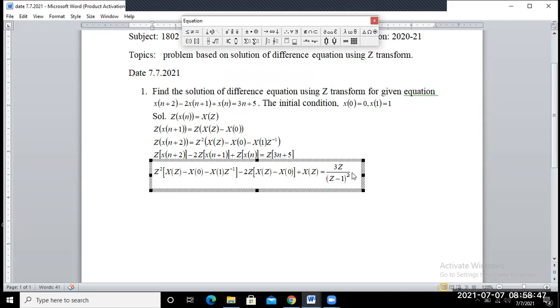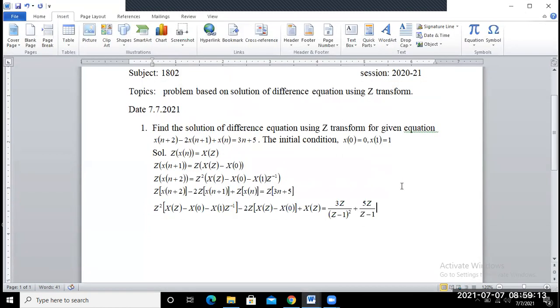Okay, so you will write here plus 5 into z by z minus 1. Now just simplify this equation.